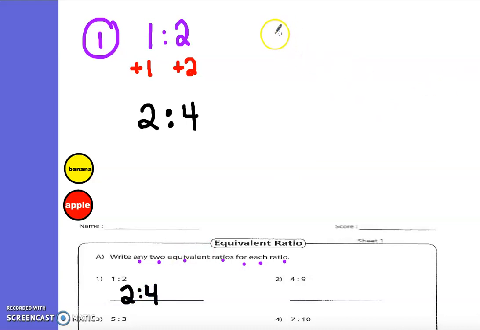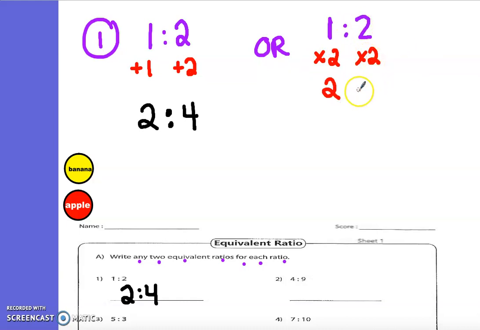Do you know another way I could have done that? Another way I could have done it was I could have just multiplied both of these numbers by 2. 1 times 2 is 2. 2 times 2 is 4. And so that was just another way to do it.